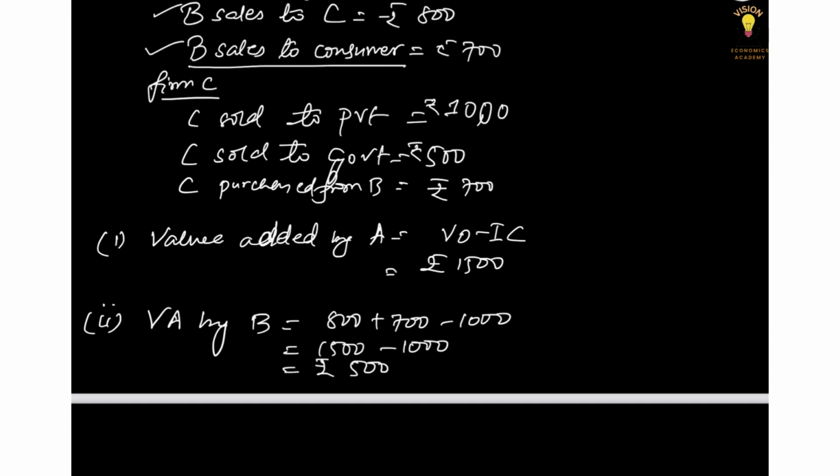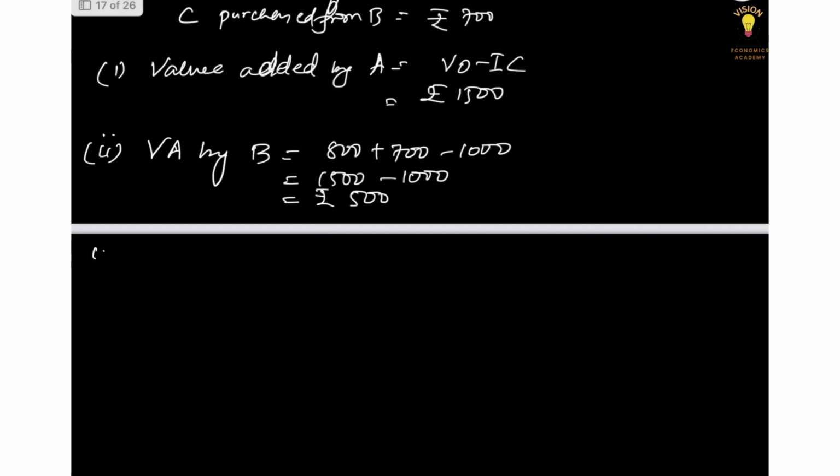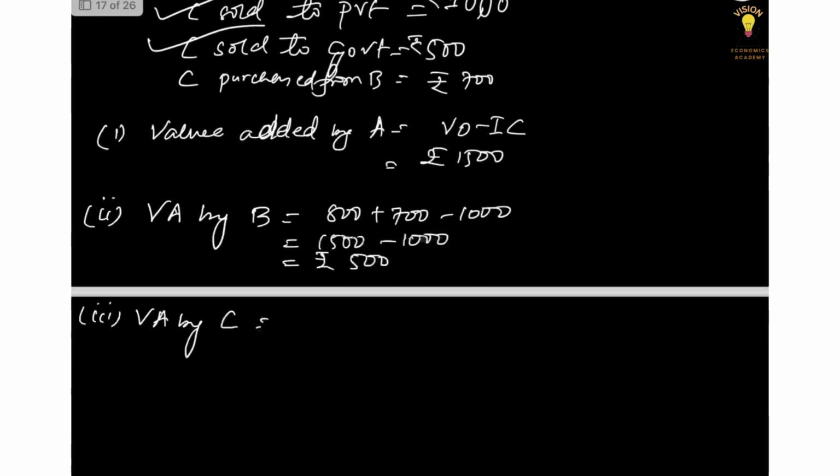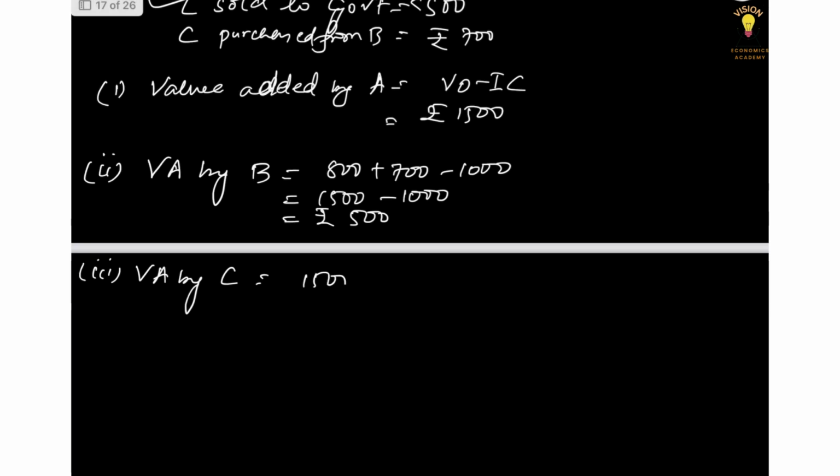So value added by B is 500. Likewise, value added by C is, C is selling worth 1500 and purchasing worth 700. So rupees 800. Okay. All right. So there is no change in stock. We are not including it.